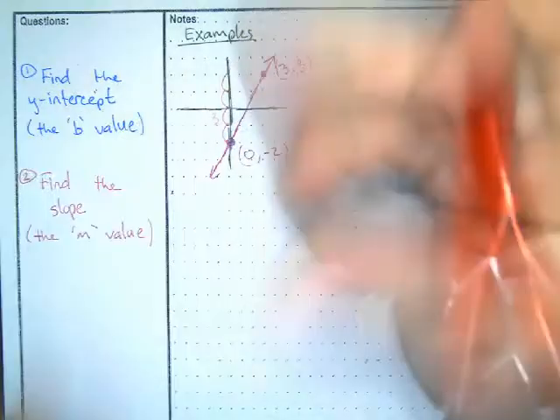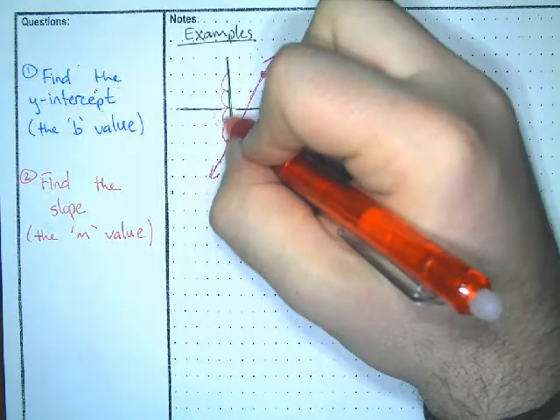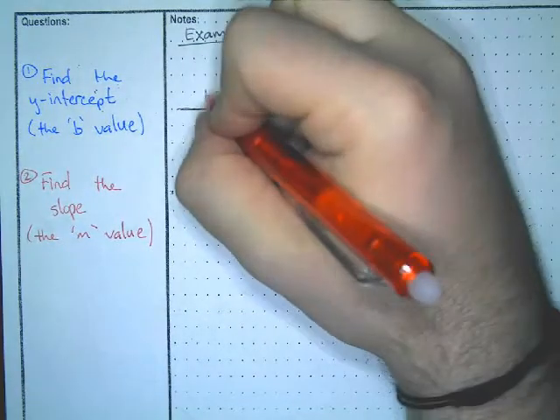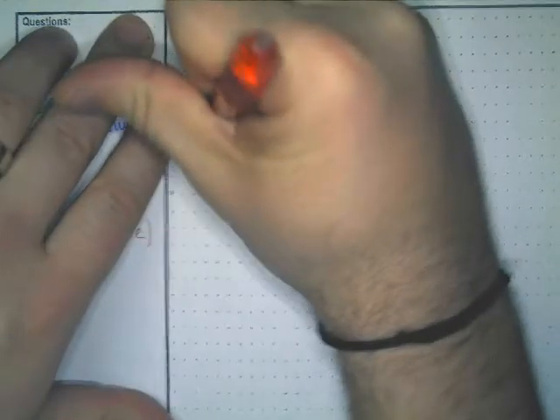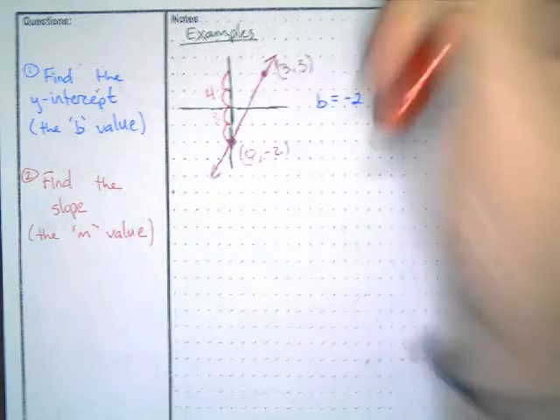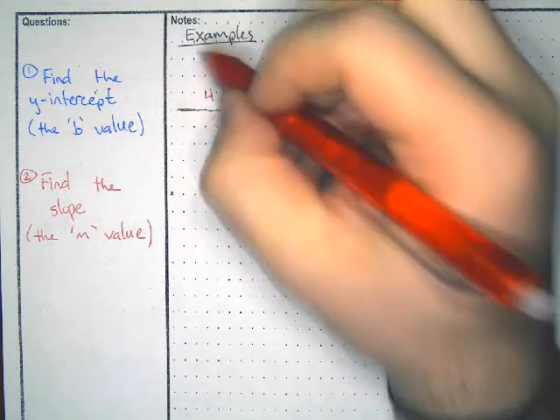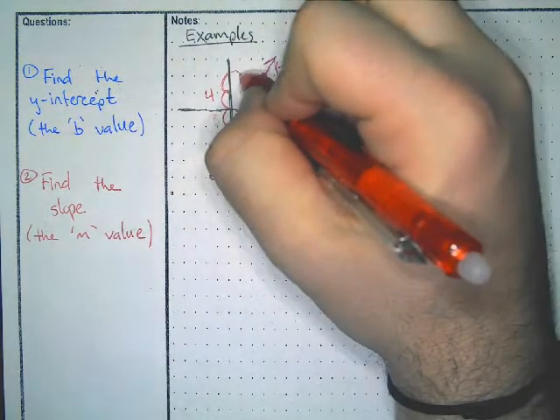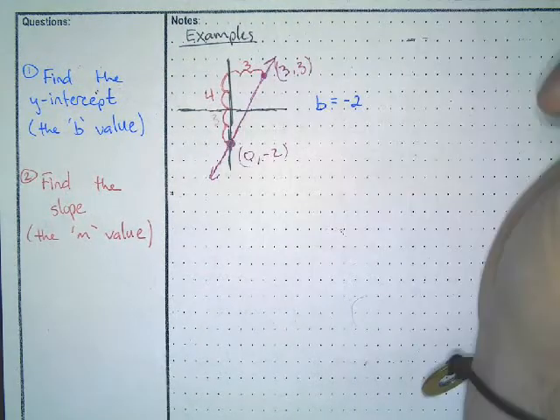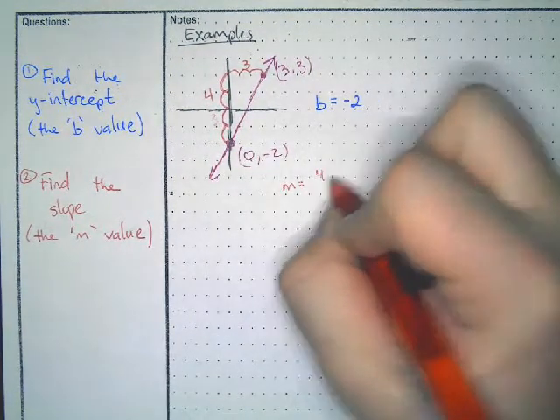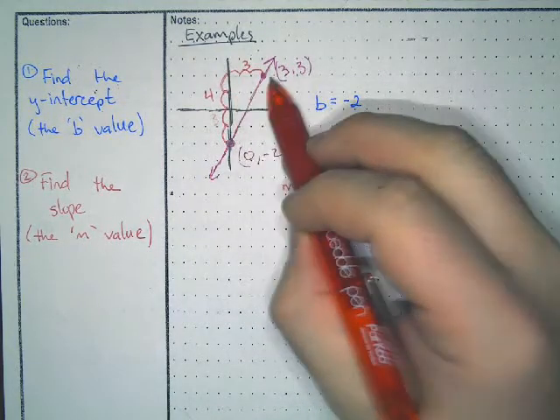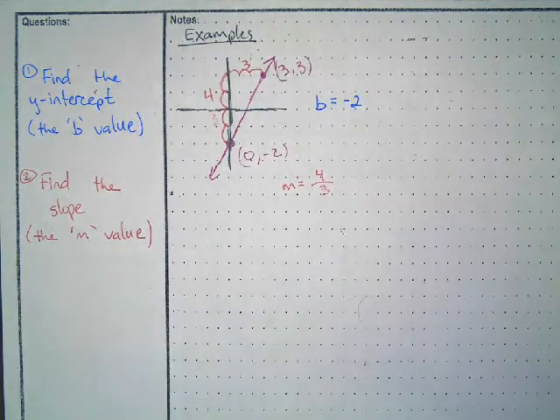Didn't go up quite far enough, so let's try that again. 1, 2, 3, 4. So I went up 4. And then we went over 1, 2, 3. So my change in y, 4, over my change in x, 3.